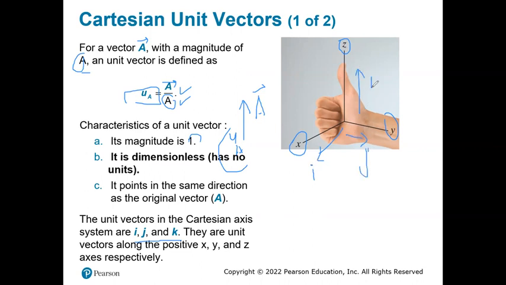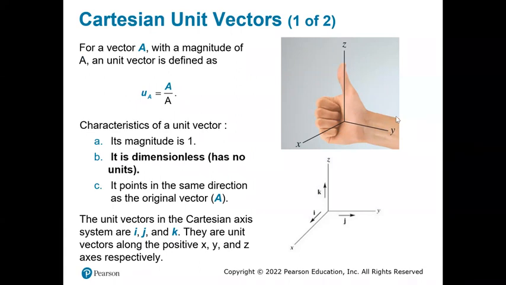So you should always remember that i is the unit vector along the X axis, j is the unit vector along the Y axis, and k is the unit vector along the Z axis. We are going to be using the right-hand rule, so that our thumb always points in the Z direction, and when you curl your fingers, you come from X to Y. That's how we get our directions.